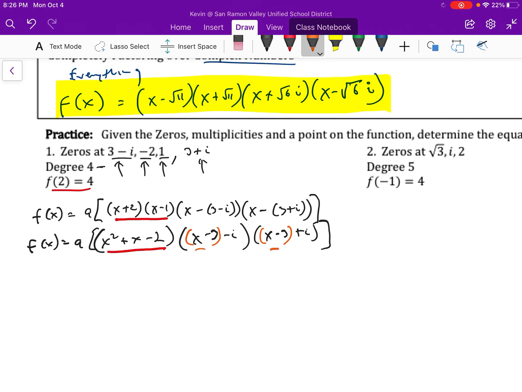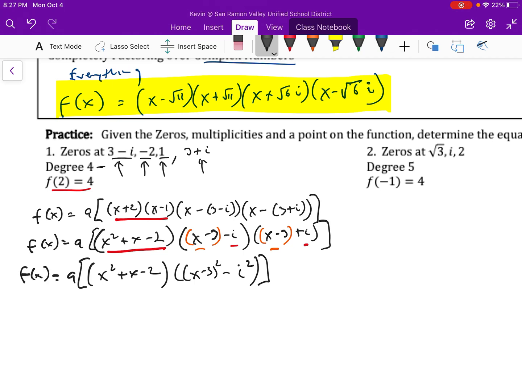That way when I multiply, this is my a's, so my a squared, x minus 3 squared. Okay, minus my b's, and this was my b, so my b squared. So minus i squared. And this part here I'm going to leave as it is. And this a stays here.